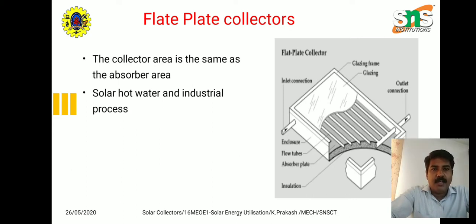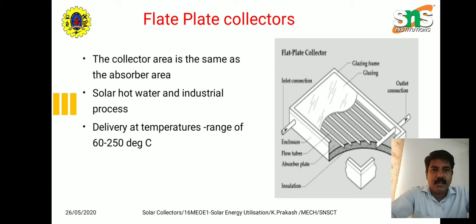It is used for hot water purposes or for industrial processes. The delivery temperature is from 60 to 250 degrees Celsius, but the maximum we get is only up to 150 degrees Celsius.